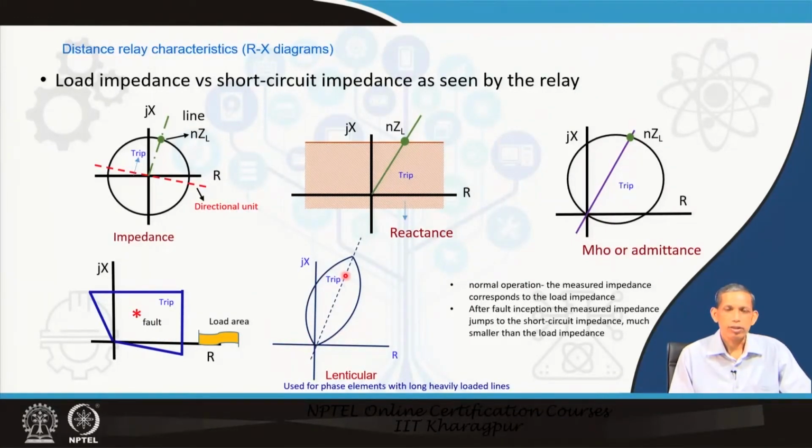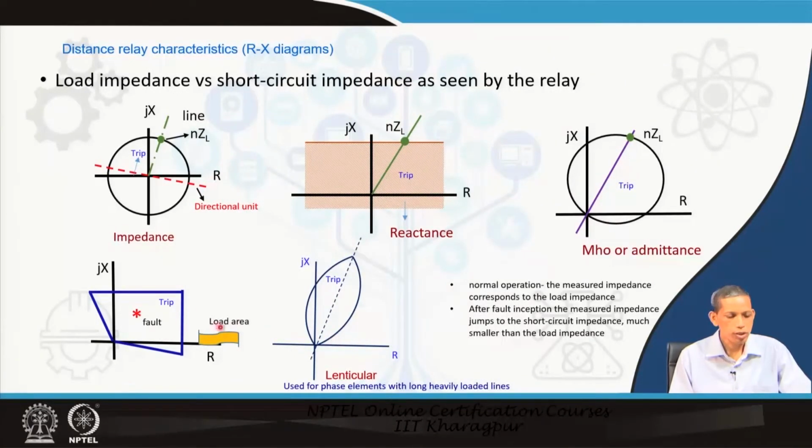The lenticular characteristic is similar to Mho, but here the lens curvatures are being used, and that has certain usage in different applications, particularly for long heavily loaded lines, where this may be advantageous.